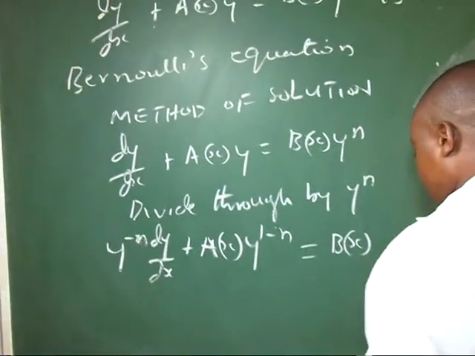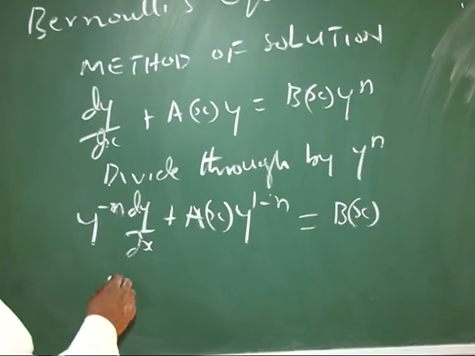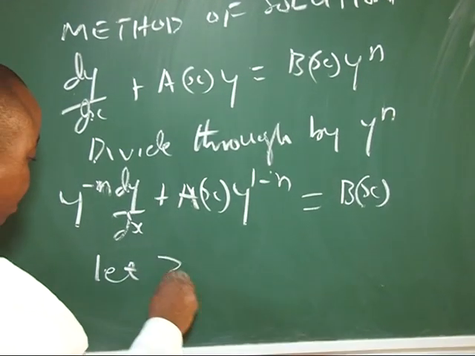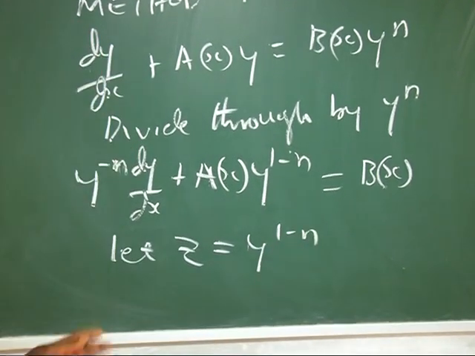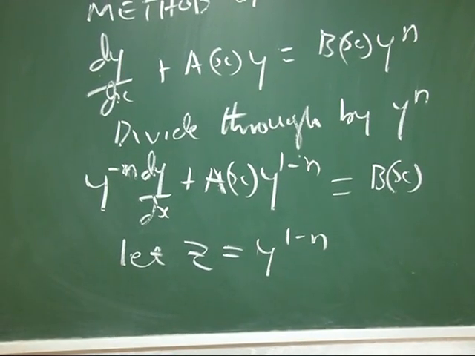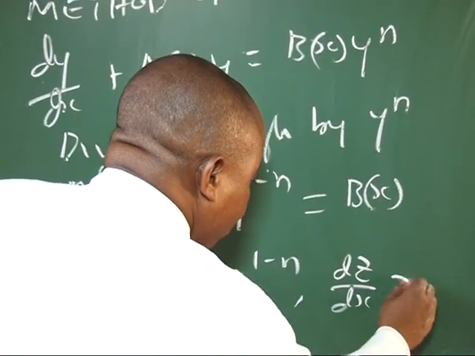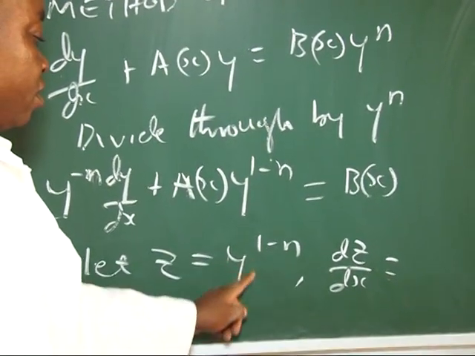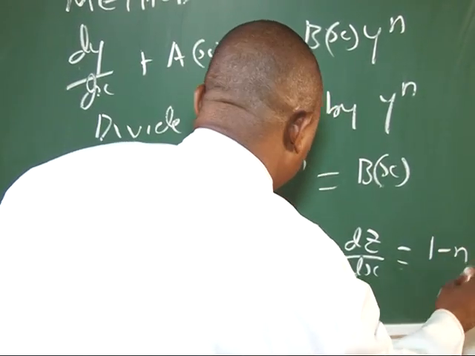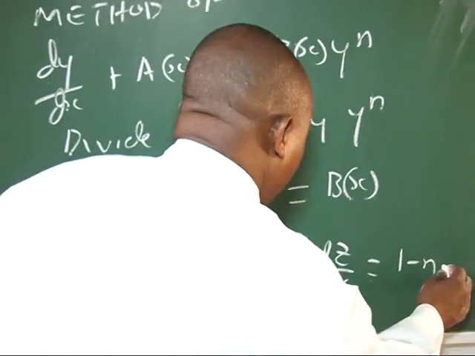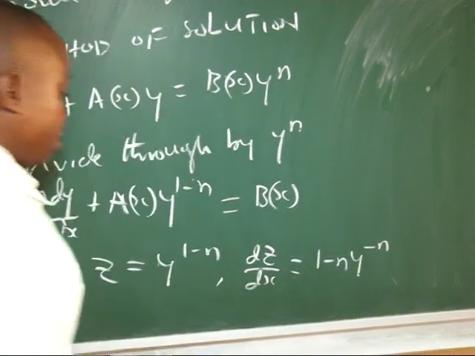Alright. Now, if I have that, I'm going to let z be equal to y raised to 1 minus n. Let z be that. So that dz/dx will be equal, if I differentiate this, to 1 minus n times y raised to minus n. You know how?